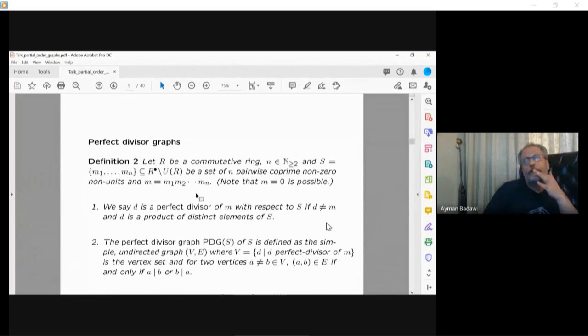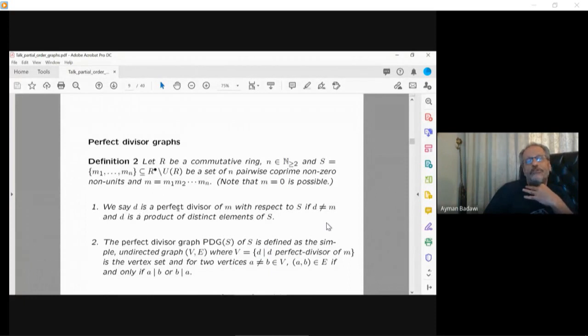And then we take M to be the product of these elements. So we take elements that are pairwise co-prime, and then M will be the multiplication of the elements in here.